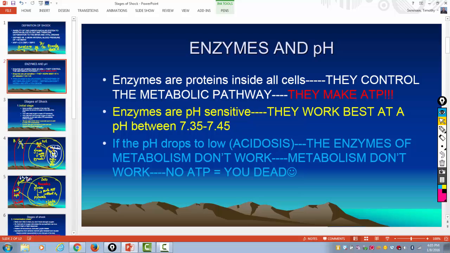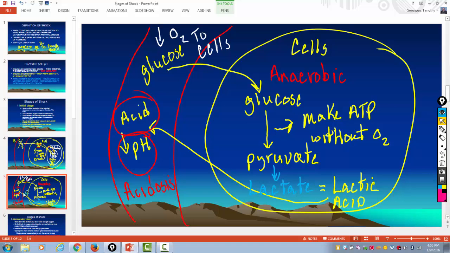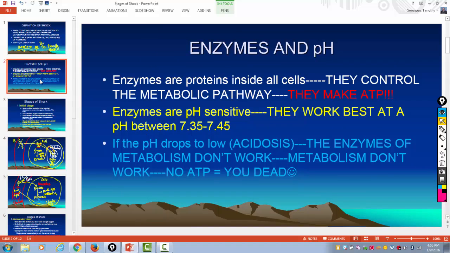But if your pH is dropping because you ain't got oxygen and you're taking glucose to pyruvate and making lactate, lactic acid, and dumping into the blood, you're going to be dumping acid into the blood, and that's going to lower the pH. And when you lower the pH, the enzymes of metabolism don't work so good. And as that pH begins to drop, if you don't do something to improve the amount of oxygen down to the cells of the body, metabolism won't work, no ATP, and you dead.